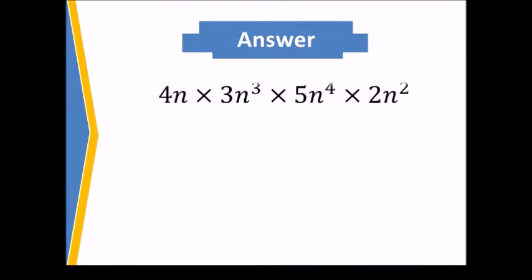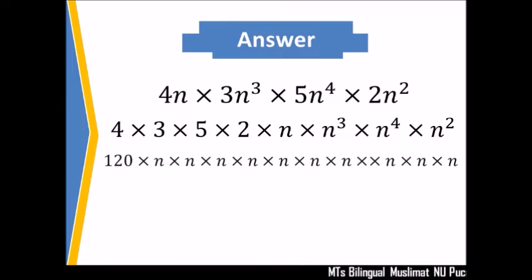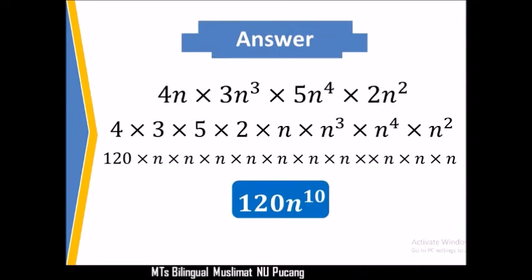The answer: multiply the numbers, 4 times 3 times 5 times 2 equals 120. And for the variable, we get n 10 times in a multiplication. So the answer is 120 times n to the power of 10.